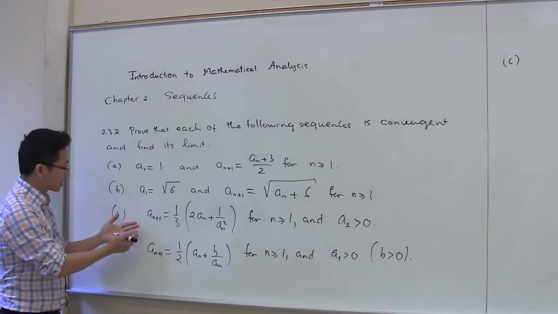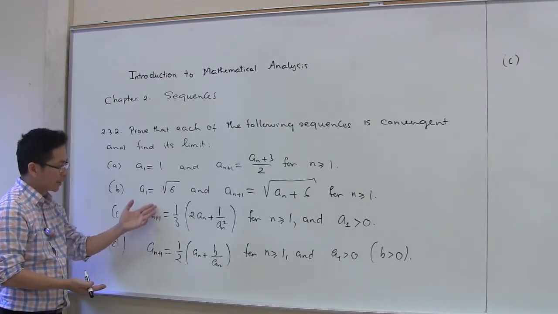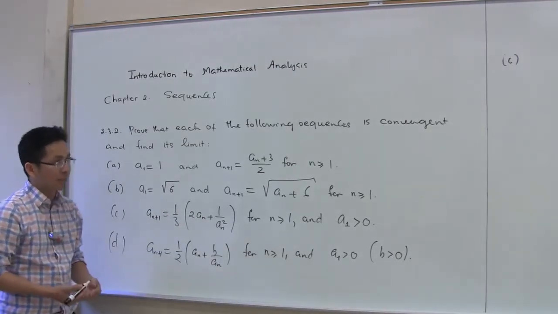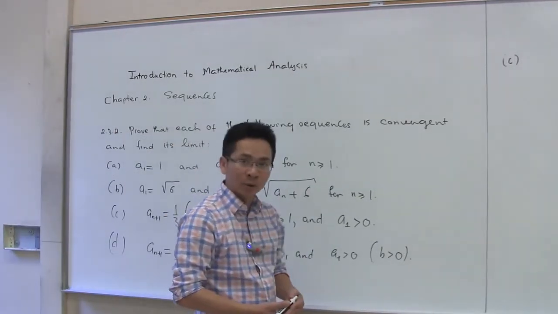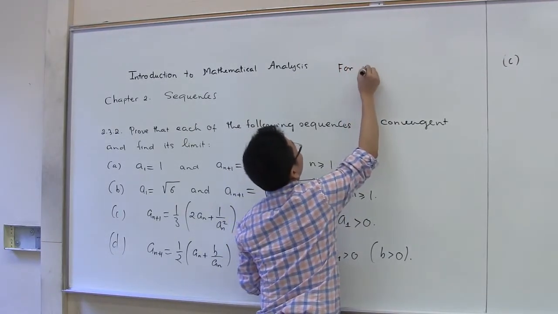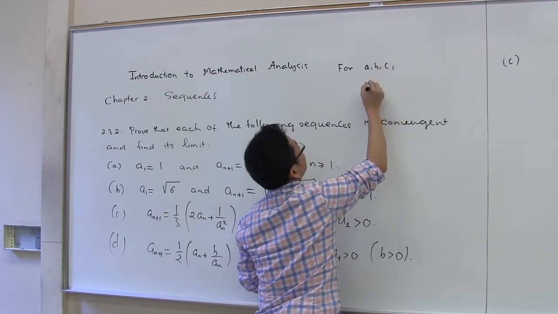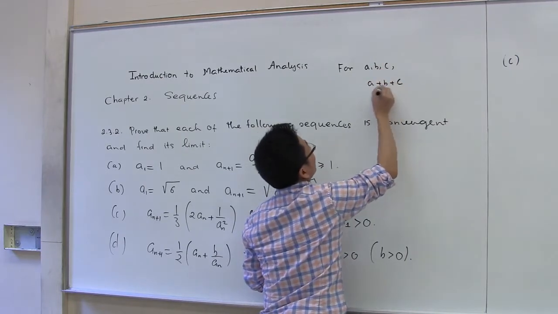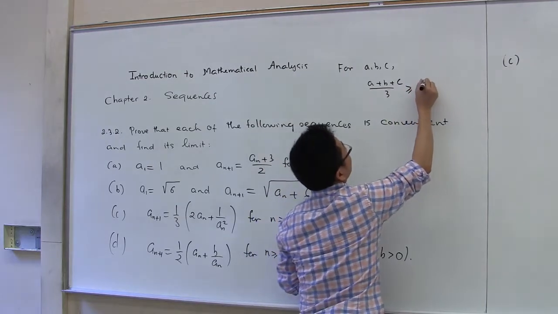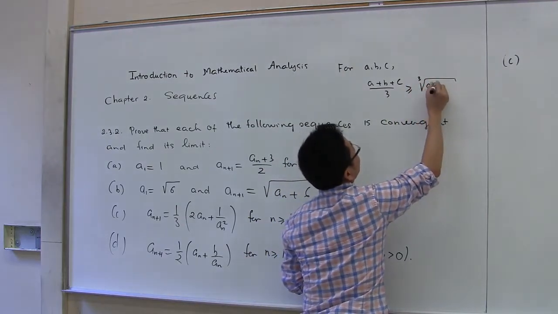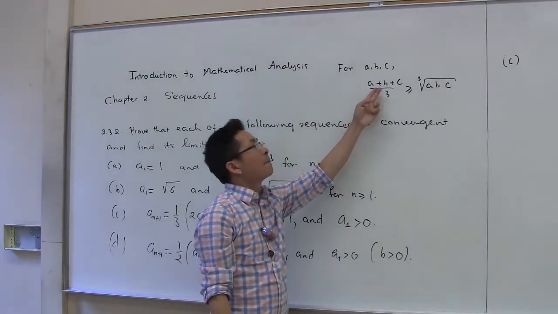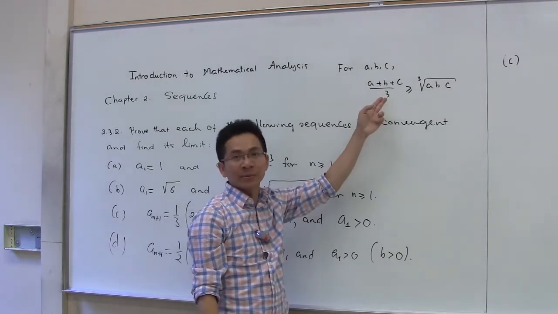Okay. Now I'm going to focus on the third part of the problem, where the sequence an is given by this formula. To solve the problem, let me recall a very important inequality. For three non-negative numbers A, B, and C, (A plus B plus C) over 3 is always greater than or equal to the cube root of A times B times C. So this is the mean of three non-negative numbers.